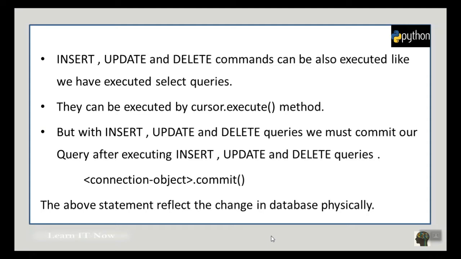But with insert, update and delete, we must also commit our query after executing the execute statement by writing the connection object dot commit. If we don't do this, the changes are not reflected in the database. So we need to write commit in order to reflect the change in the database physically.